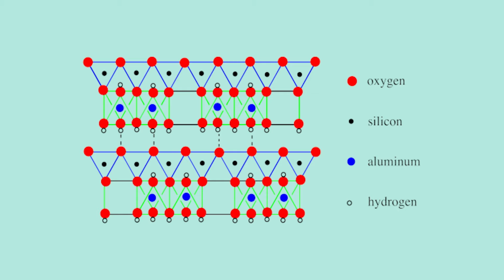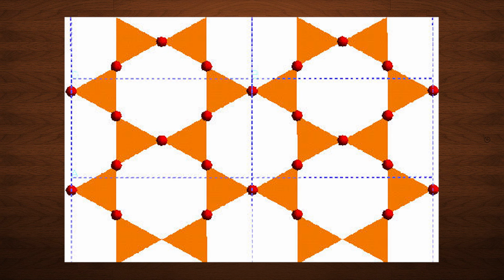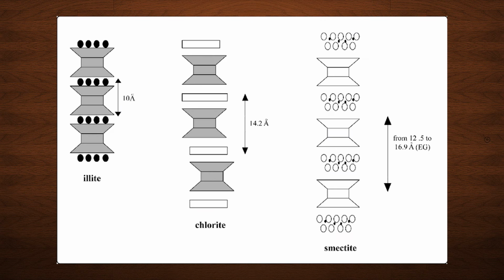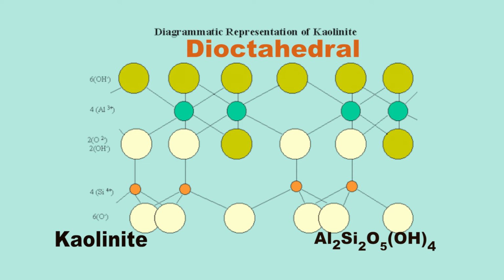In this, one tetrahedral layer is shared with an octahedral layer. The resulting structure is 2-layered and the repeat distance is 7 angstrom, with a T-O stacking pattern, 1 tetrahedral sheet for every 1 octahedral sheet. Dioctahedral: kaolinite Al2Si2O5(OH)4.